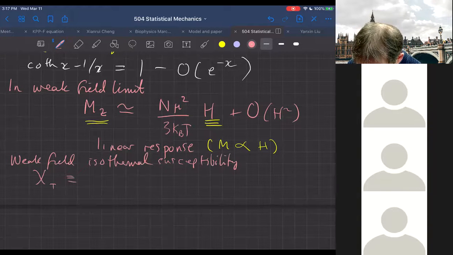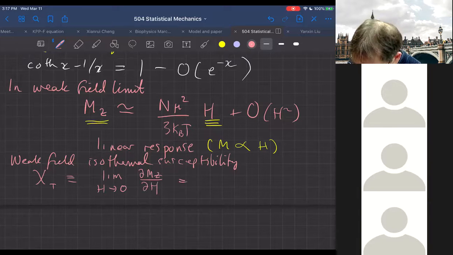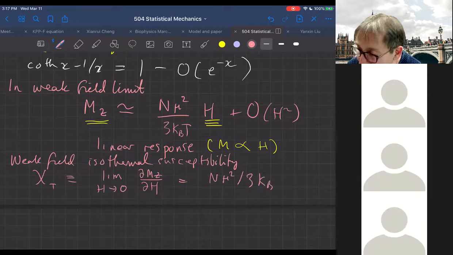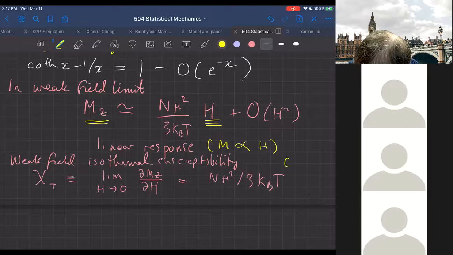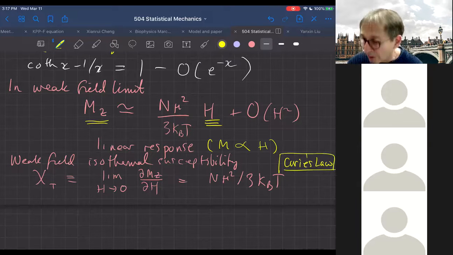That's basically just defined as the small h limit of dmz by dh, and that is equal to n mu squared over 3 kbt. And this is a law that's known as Curie's law. Marie Curie, who won 2 Nobel Prizes.